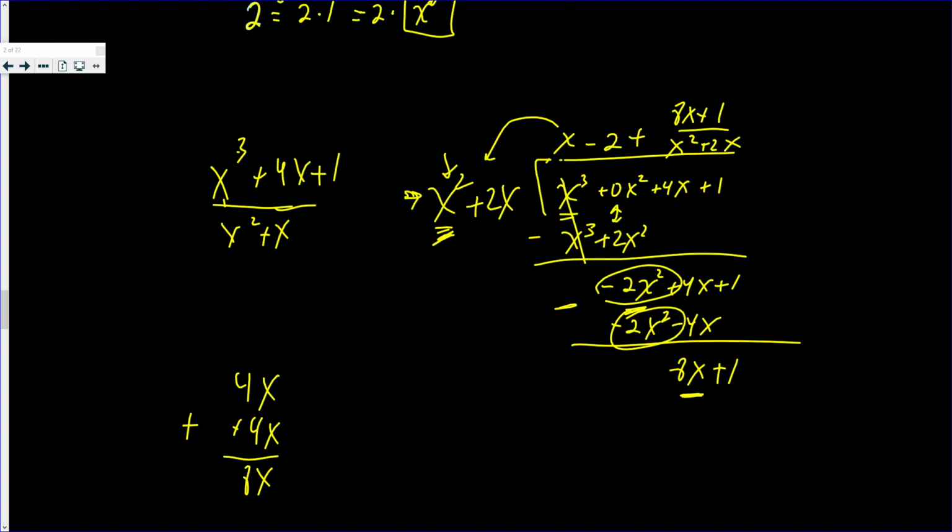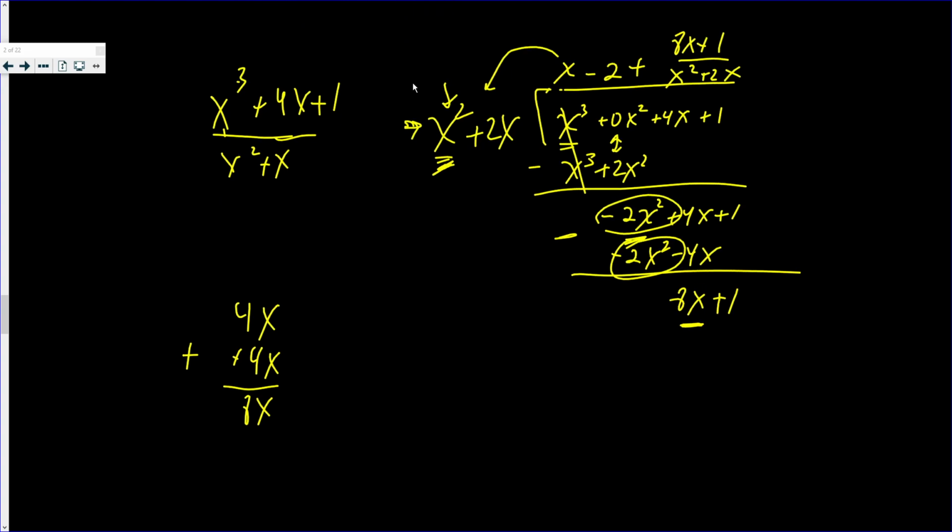Now, let's try to do this problem again without putting in the missing term. Suppose you have x squared plus 2x, and you have x cubed plus 4x plus 1. x squared times x gives me x cubed.